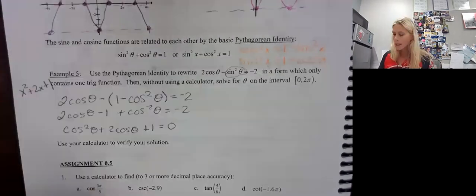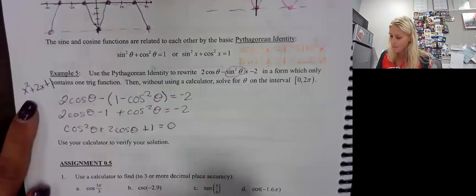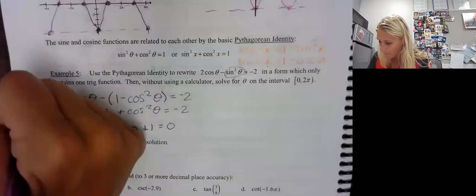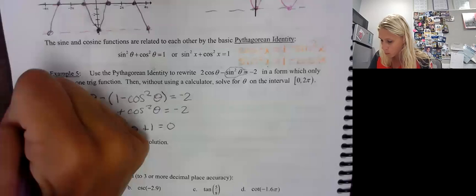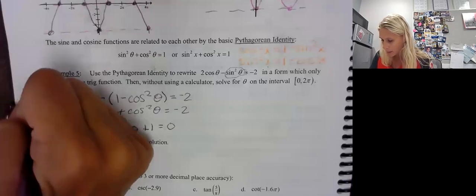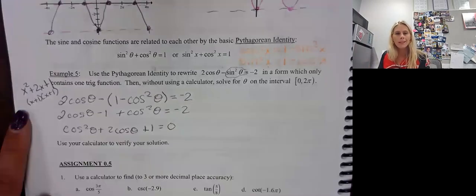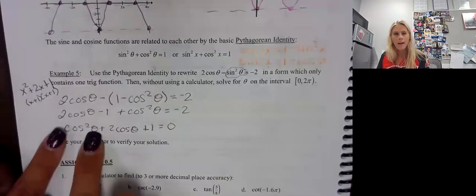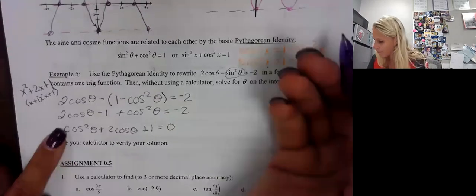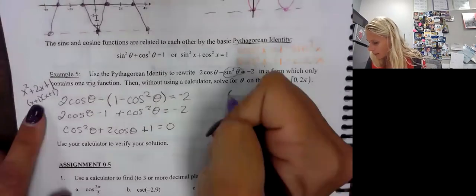Okay, because we can factor that, right? If we factor that, we get x plus 1 times x plus 1. So we're going to do that. But instead of x, we have cosine. So, and I'm also going to put that as squared.